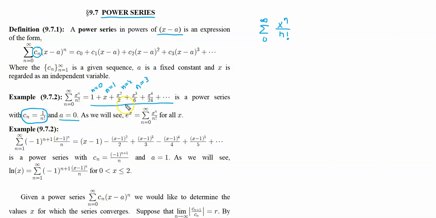Now it's a fact, as we'll see when we study Taylor series, and this is very interesting, that this series is actually equal to the exponential function e to the x.